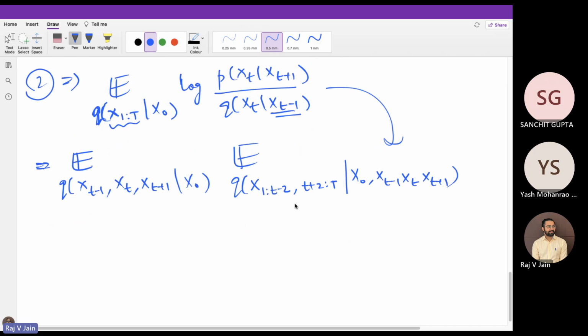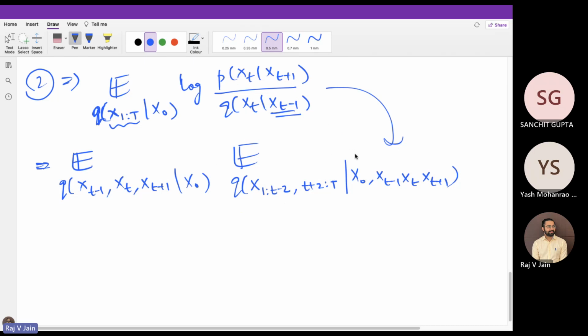So now what will end up happening is we will say similar things, right? Now here t plus 2 to capital T. Now t plus 2 given xt plus 1, that will go away, then until t it will go away. Then we'll make an argument that all these variables don't depend on 1 to t minus 2 at all. I can take it out.